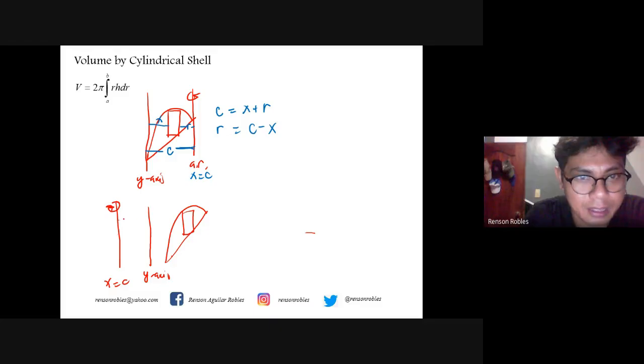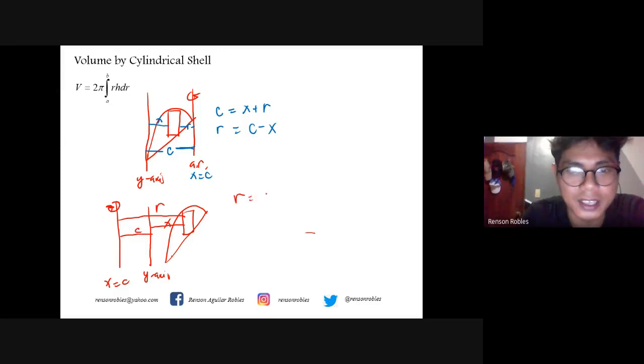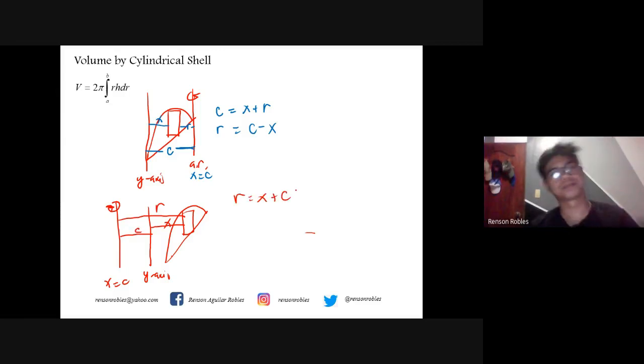From here until here is your r. How long is this? It's x. How long is this? It's c. So how do you write r? It's x plus c. Actually, it's x minus negative c, because of this one. Okay, so that's it.